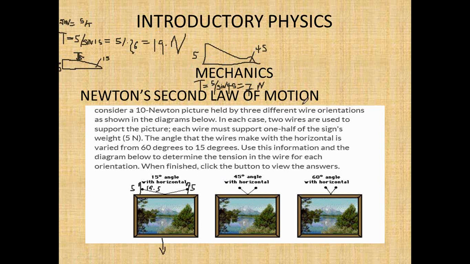And then for this case, we do the same thing. We're resolving the tension in the wire into its vertical and its horizontal component. So this angle is 60 degrees. The vertical component is still 5 because the weight of the frame is still the same. So we just have to find the tension.